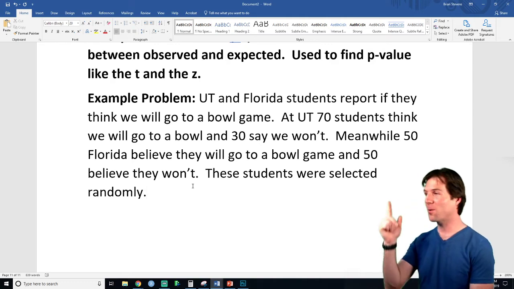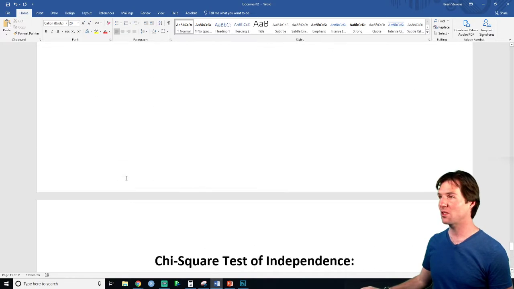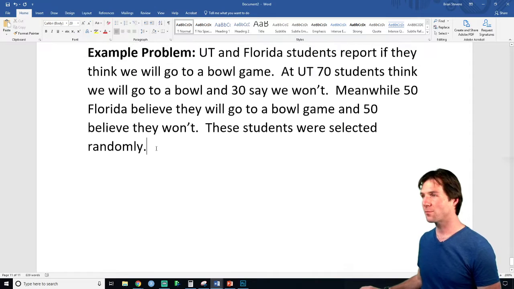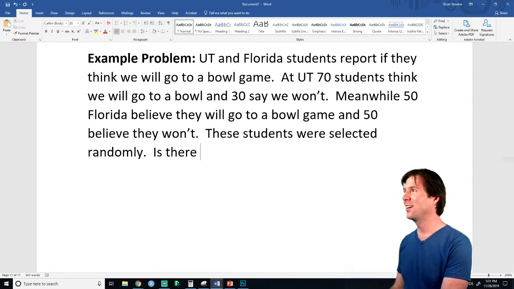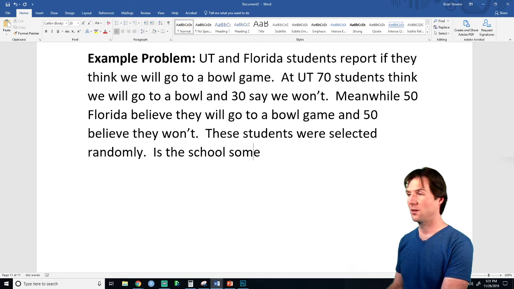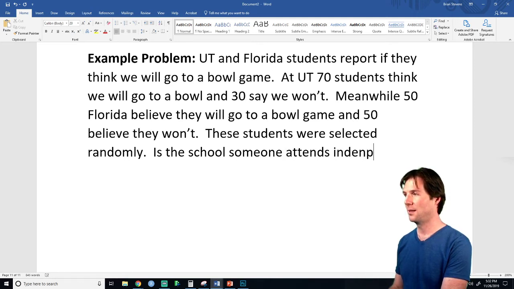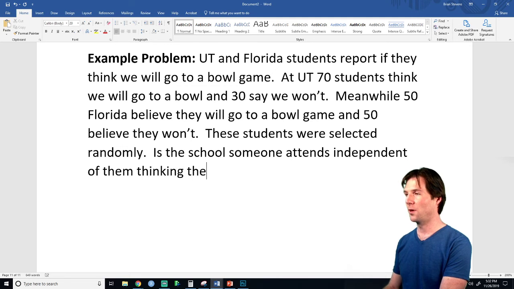Now we're going to take our 4 steps to doing this. Let's write this right here. Are these 2 variables independent?